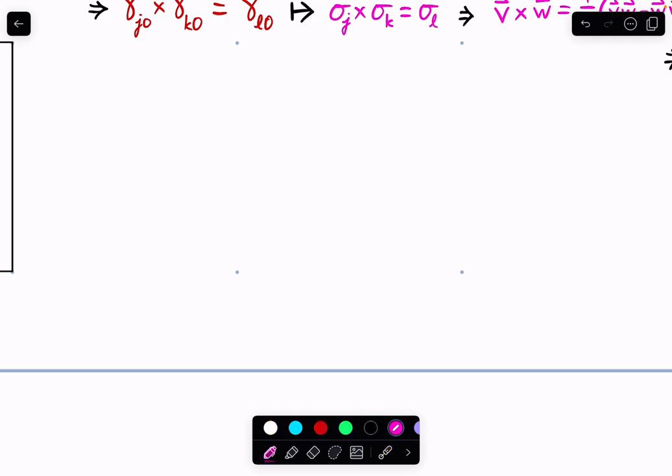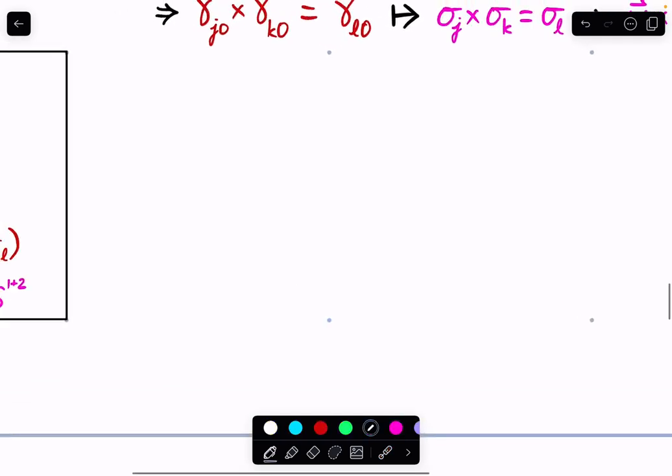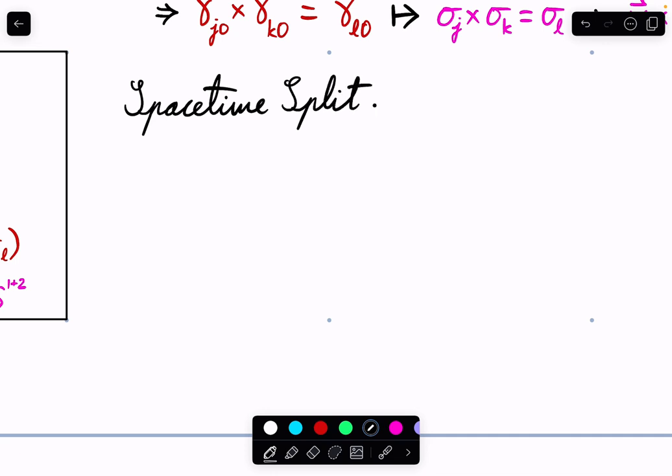So now let's consider some space-time splits. You have one for vectors to paravectors.